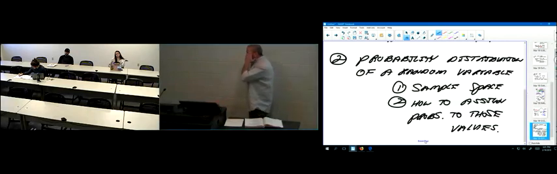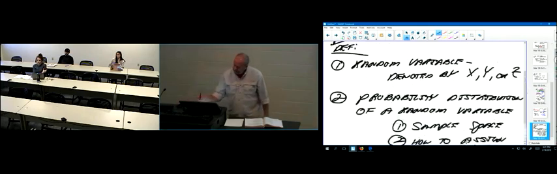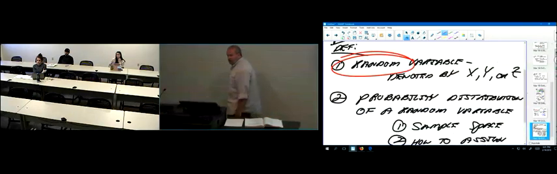Now, I want to back up all the way to chapter 1. We always speak of the distribution of a variable. What does the distribution of a variable always tell me? It tells me what values my variable can take and how often it takes them, right? Well, what did I do? I stuck the word random on variable from chapter 1. Random variable just means we're looking at some numerical value from a random phenomenon.